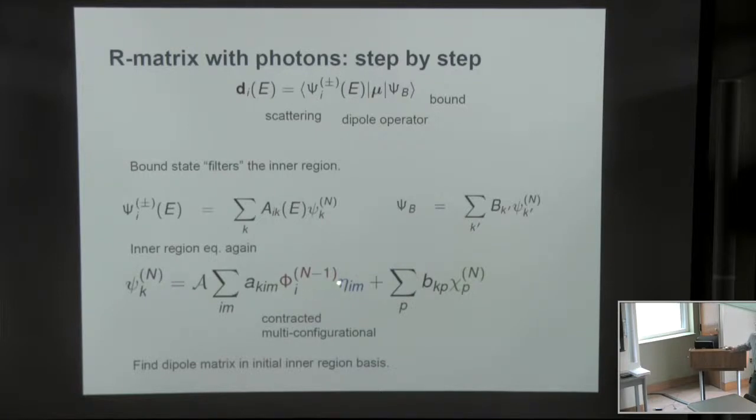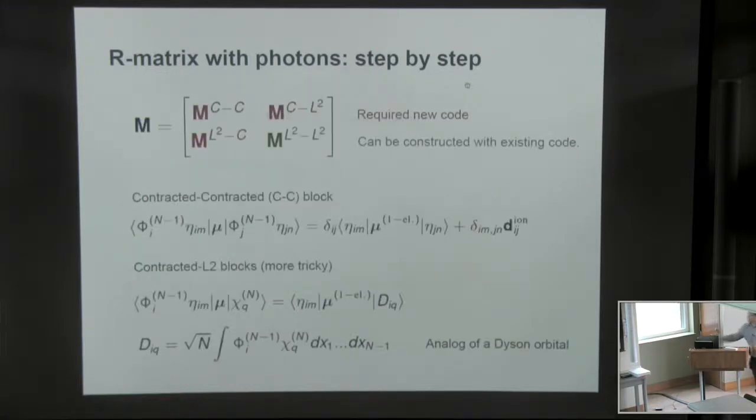So the task is really to calculate dipole matrix elements between this initial basis and the inner region. I'll just show you how we do this on the next slide. This is the dipole operator represented in this initial inner region basis.